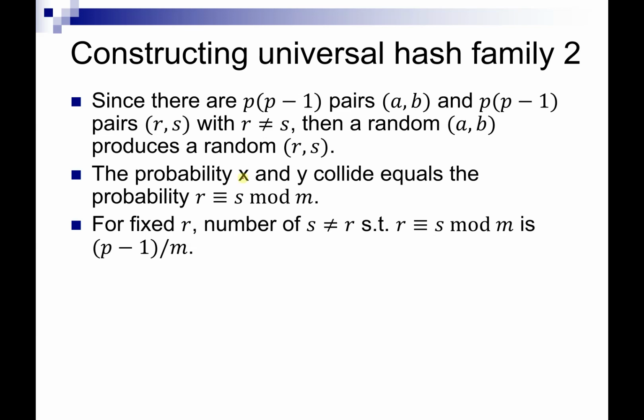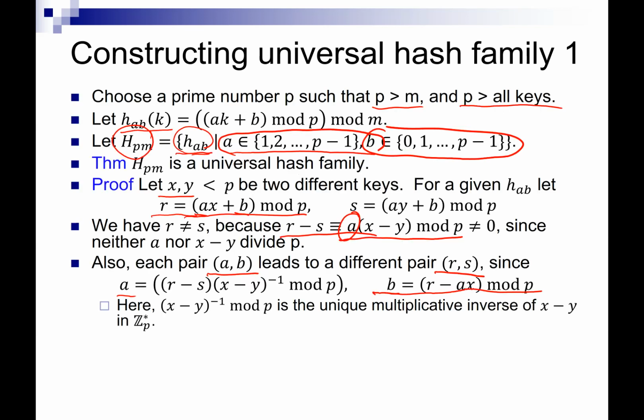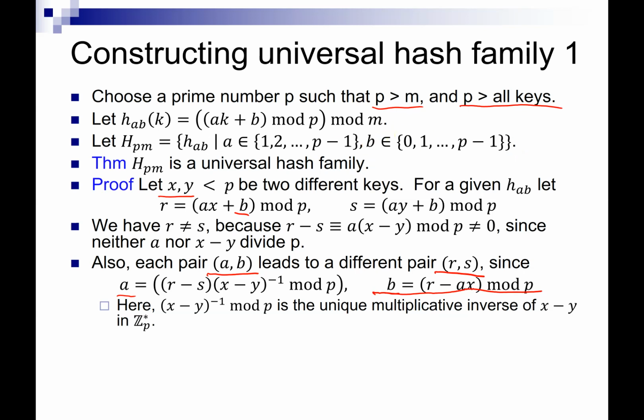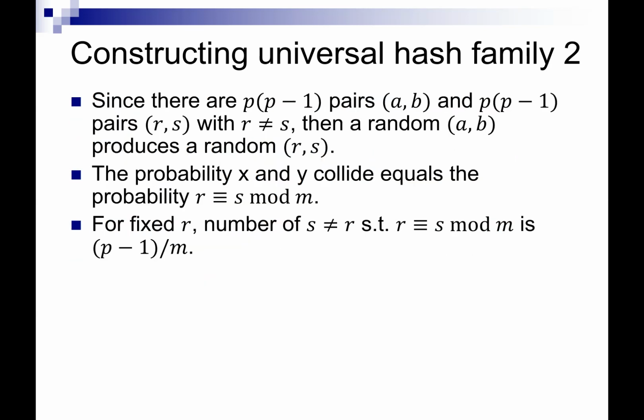The probability that X and Y collide is equal to the probability that R is congruent to S modulo M. Because remember the way this hash function works, let's erase a few things so that you can see things more clearly. We first compute this R value and this S value, that's this part over here. And then you take things modulo M. So in order for R and S to produce the same hash value, they have to be congruent modulo M.